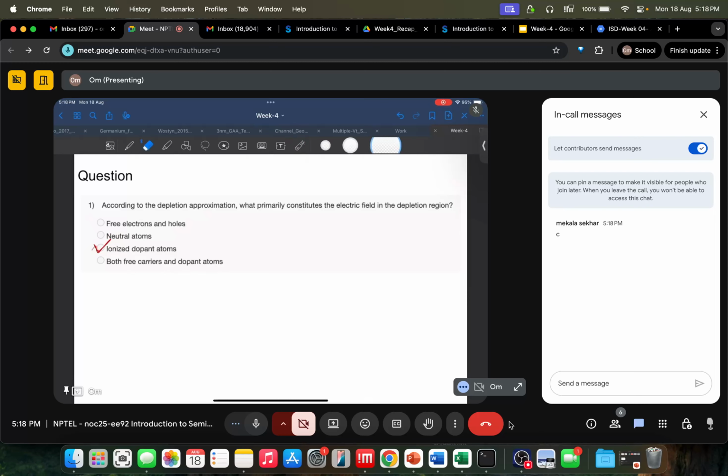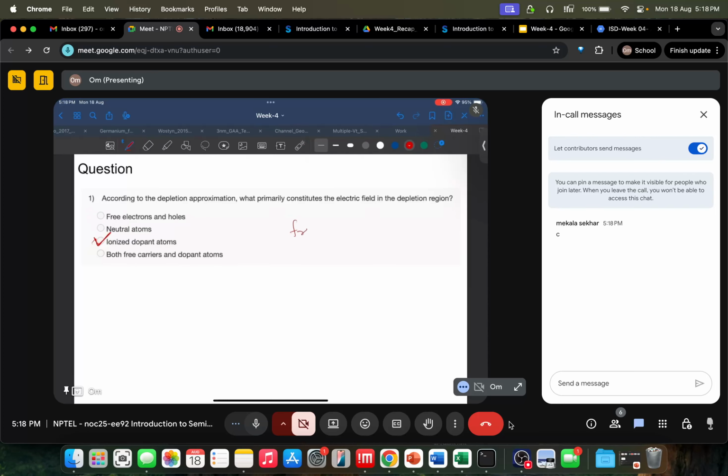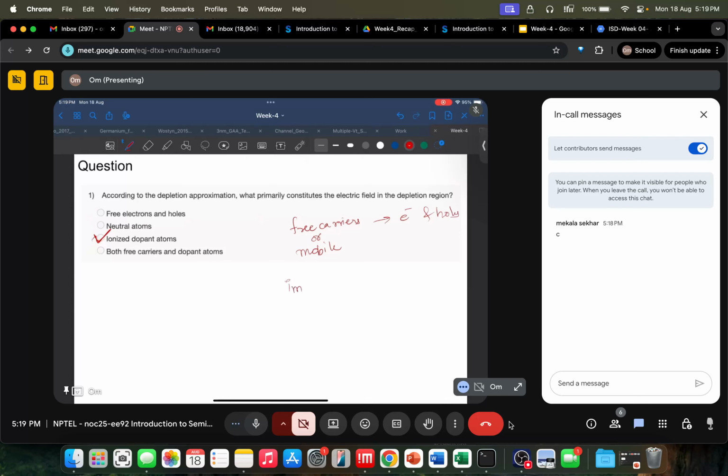Right, because we saw the depletion approximation. Free carriers are electrons and holes, free or mobile carriers, because they can move. That's why they are called free or mobile. Then we have immobile or ionized atoms.